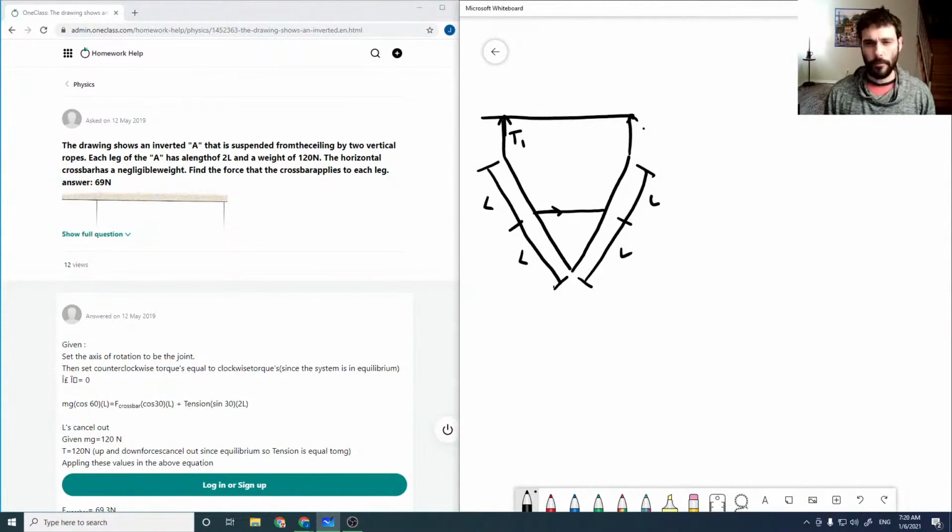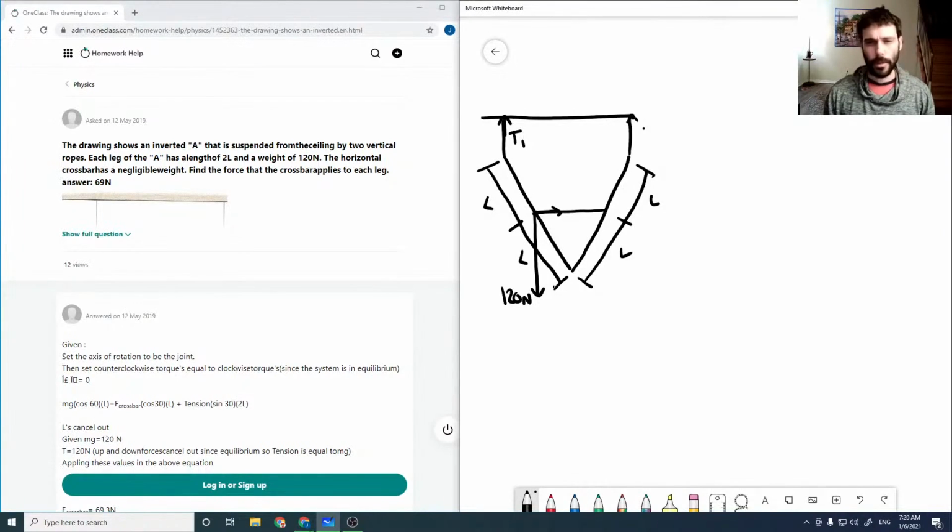So we have masses for our sides here. So each of the legs has a length of 2L and a weight of 120 newtons, and the center we can put there. So the weight here is 120 newtons. And it just wants to know the force applied by the crossbar.